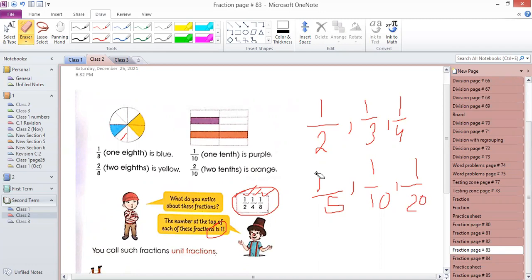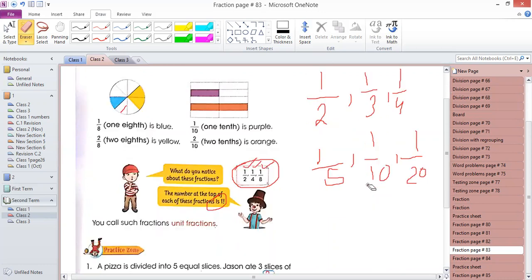If the numerator is 1, then the fraction is a unit fraction. If the numerator is not 1, then it is a non-unit fraction. This is very simple. Just check the top of the fraction.